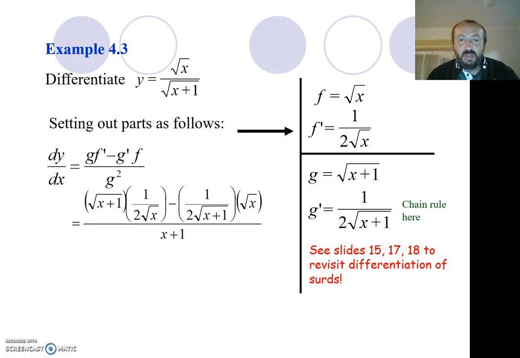Using our formula, it all comes out pretty messy, but there's our g here. There's our f dash, take, and then this here is g dash, and there's our f, all over g squared. Now, if you square a square root, you just get the x plus 1 there.